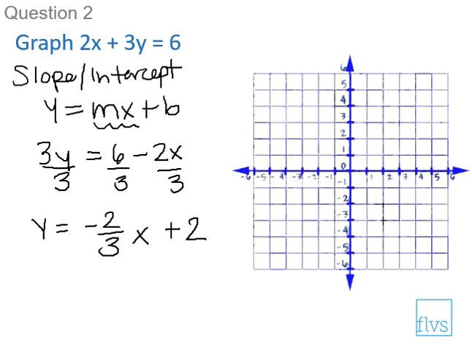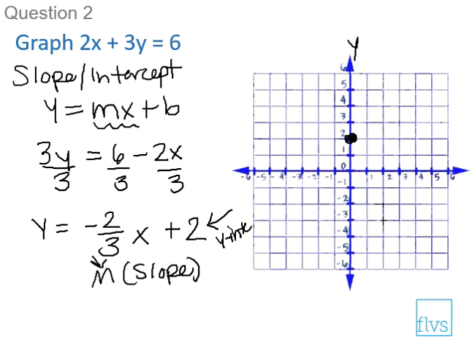However, the quickest and easiest way is we know that m, this, is our slope, and this number, which is b, is the y-intercept. Okay, so the y-intercept, it's this line, this vertical line. So all we're going to do is, at 2, draw a point. Then from there we use the slope.